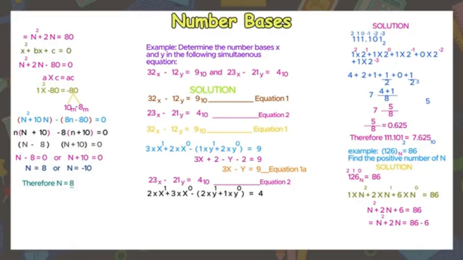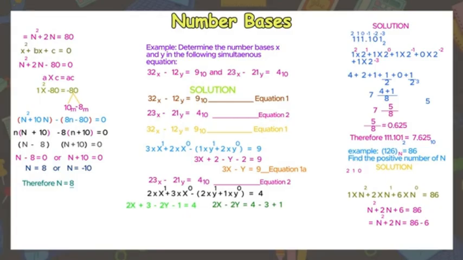Now 2 multiplied by x will give us 2x, plus x raised to the power 0 is 1, 3 multiplied by 1, 3, minus 2 times y will give us 2y, minus times plus will give us minus, 1 times 1 will give us 1, equal to 4. Now we are going to have 2x minus 2y equal to 4.